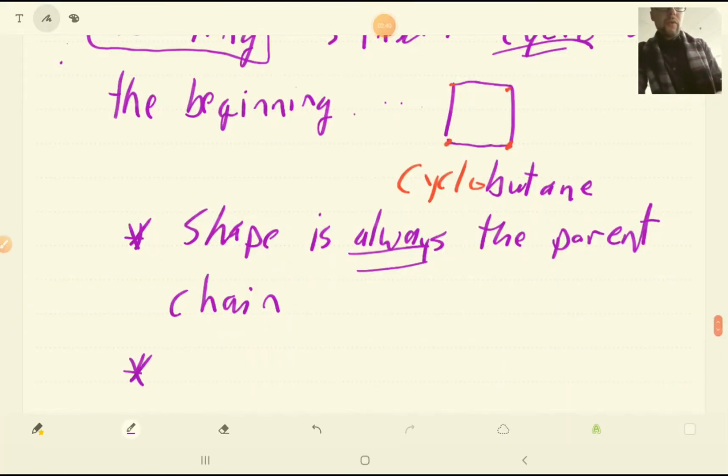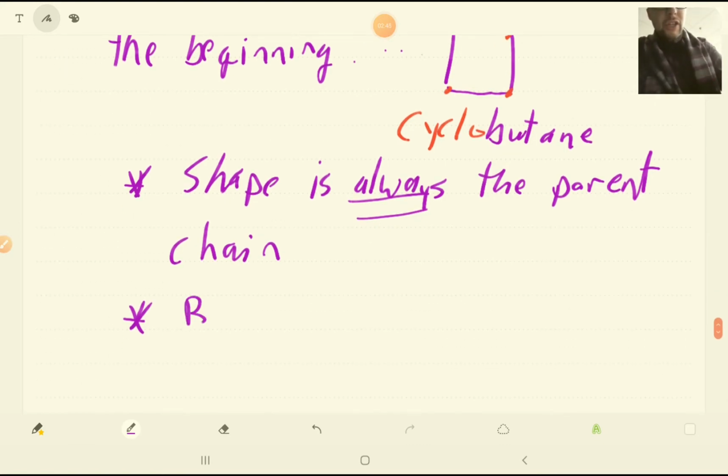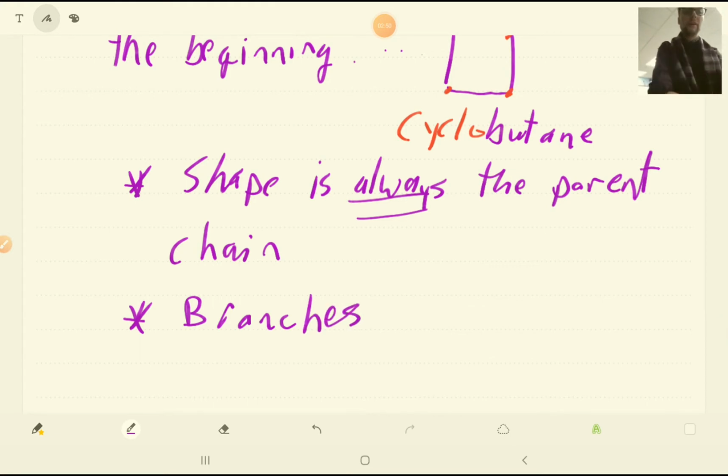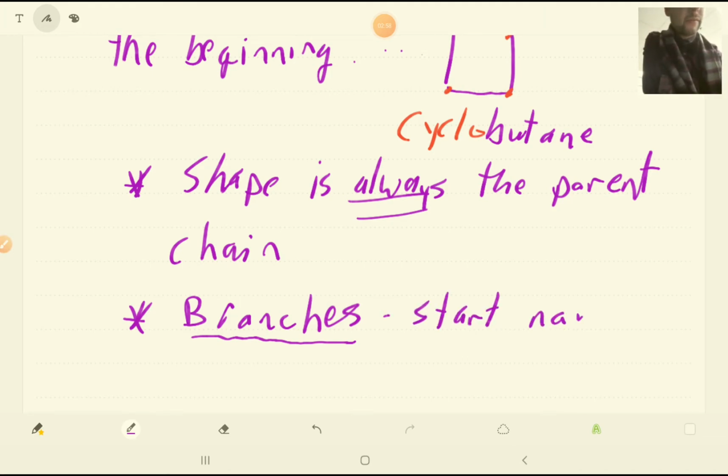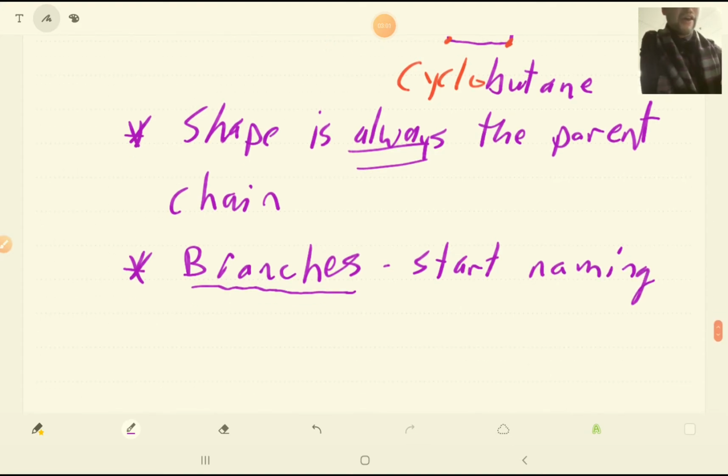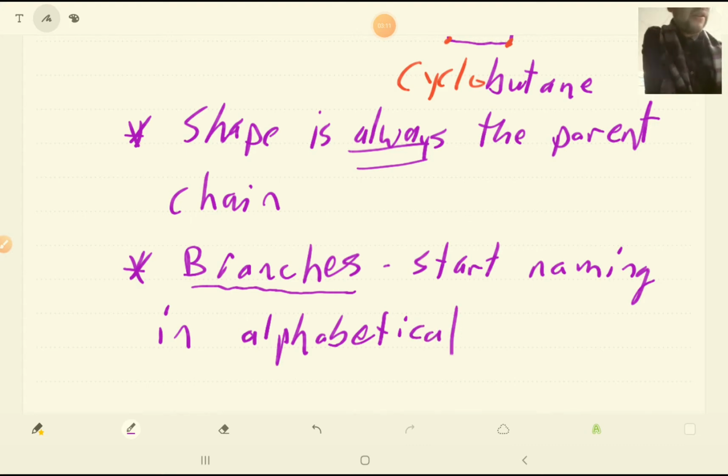The other rule that we're going to write when naming cyclic hydrocarbons is that for branches, which are the hydrocarbon chains that are outside the parent chain, we're going to start naming in alphabetical order. This is more in effect when there's more than one type of branch.